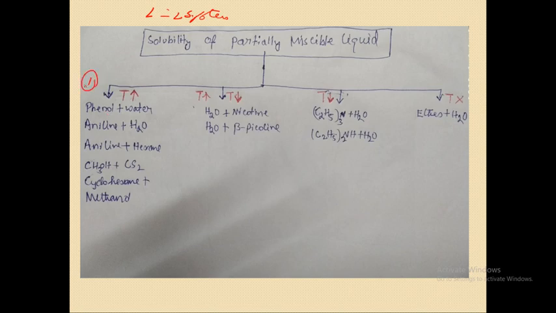those substances, for example phenol and water, in which the miscibility increases with increase in temperature. Another example is aniline and water, aniline and hexane.